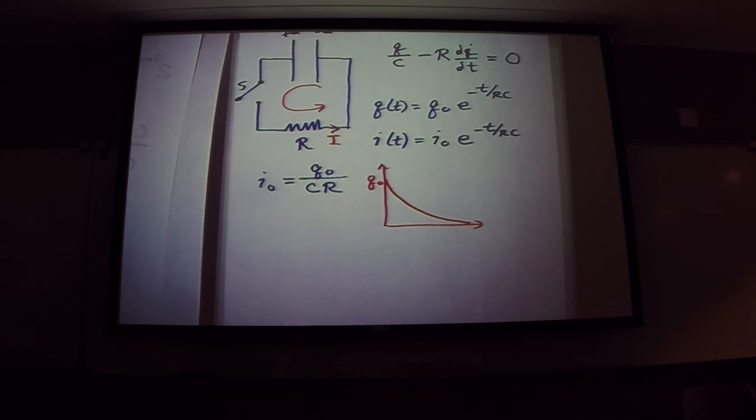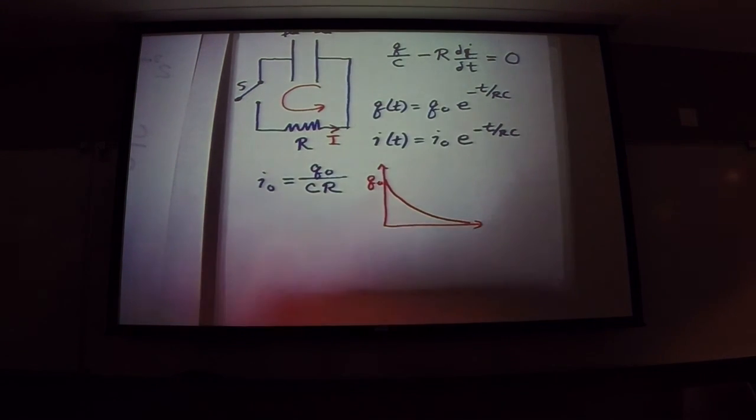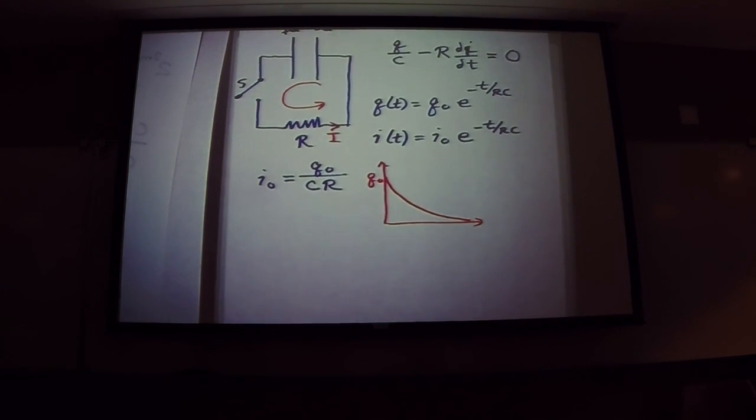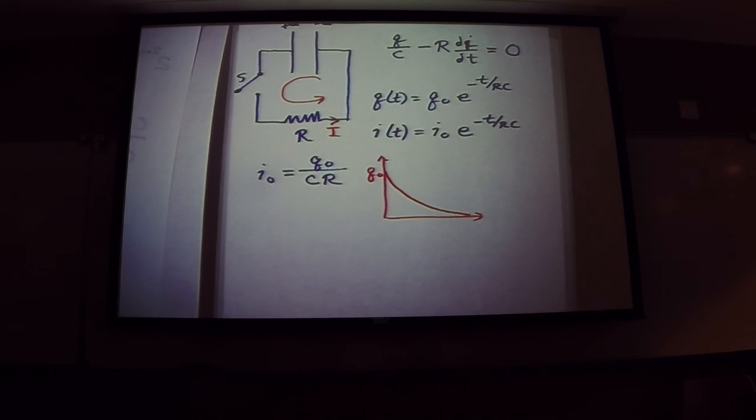Now when the capacitor is driving the circuit, you start out with your maximum current because the capacitor is now driving it. But once all the charge is gone, there's no more current. In fact, there's no more anything.